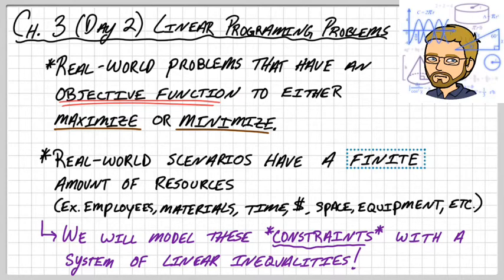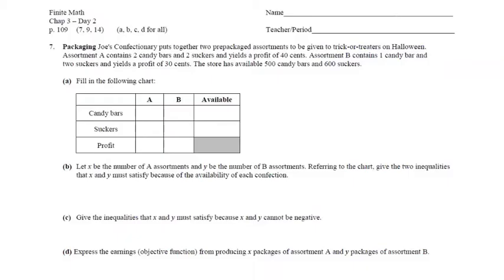So let's dive into the first question here on the worksheet, the one about packaging. It says, Joe's Confectionery puts together 2 prepackaged assortments to be given to trick-or-treaters on Halloween. Oh, that's nice. Assortment A contains 2 candy bars and 2 suckers and yields a profit of 40 cents.